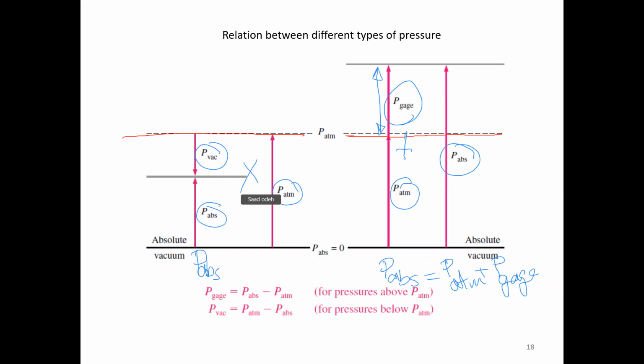So P atmosphere, rather than plus, it will be minus, because the pressure here is below. So P absolute equals P atmosphere minus P vacuum. That's the difference between both types of pressures.